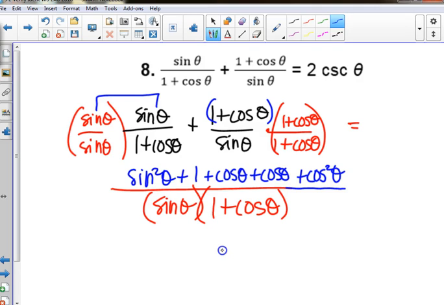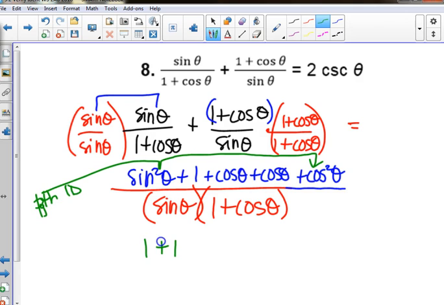Now what? Okay, so I'm going to do a little hinky. These two are a Pythagorean identity. And so I have a 1 plus a 1 plus a cosine, which is 2 cosine.